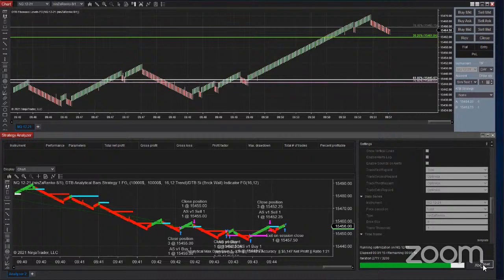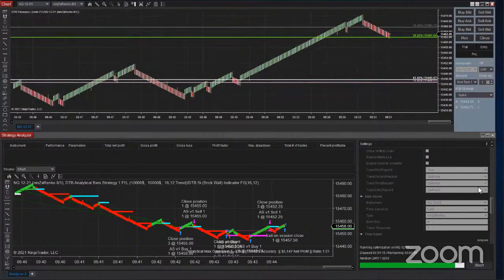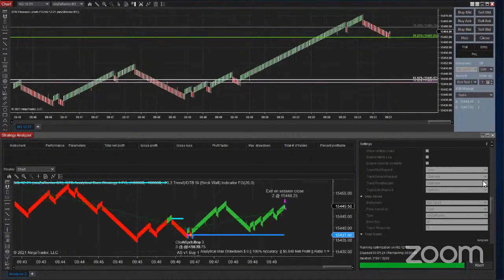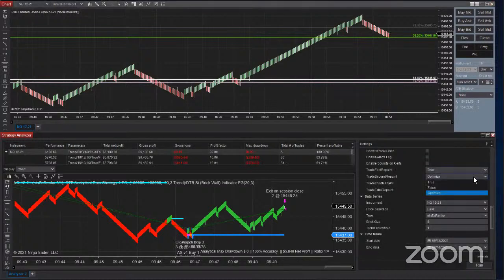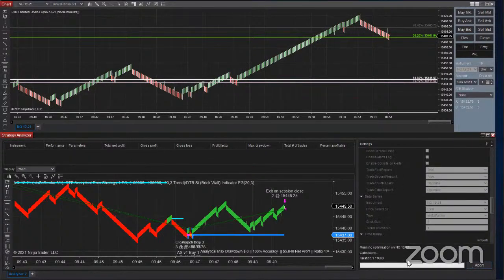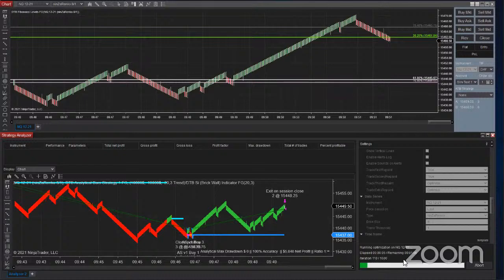I'll let this finish just in case I click on something and it stops responding. But I'm definitely going to run this again afterwards with true on there and optimize. So this should be very quick. So 1600 should be 30-40 seconds maximum.